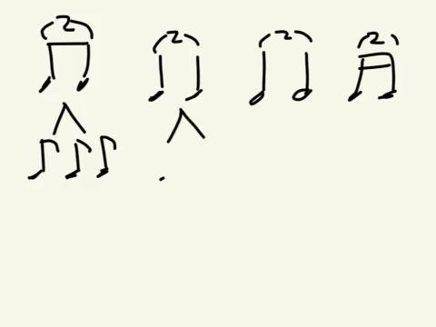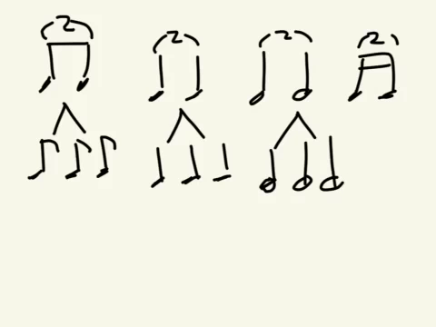The quarter note duplet gets the same value as 3 quarter notes. And the half note duplet gets the same value as 3 half notes. Okay? And the 16th note duplet would get the same value as 3 16th notes.